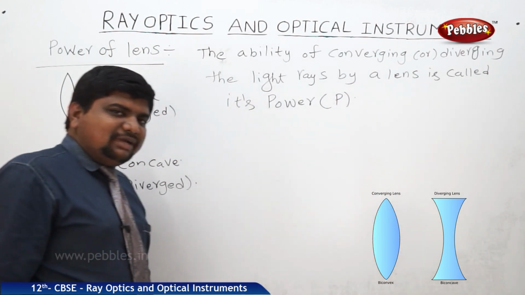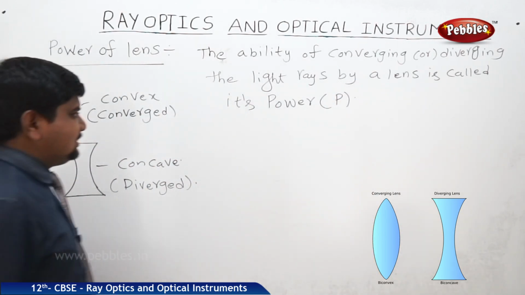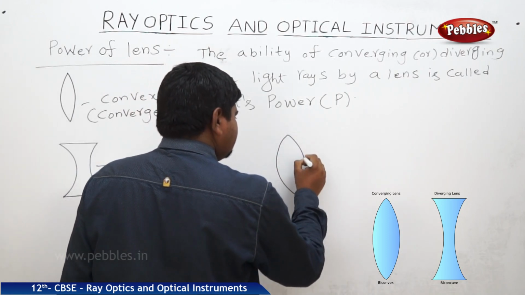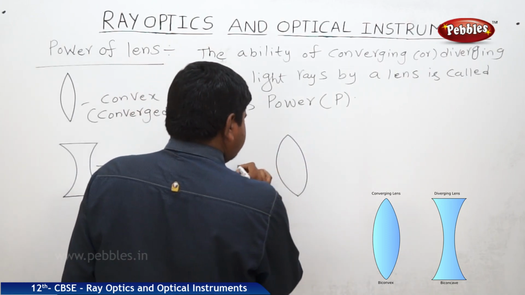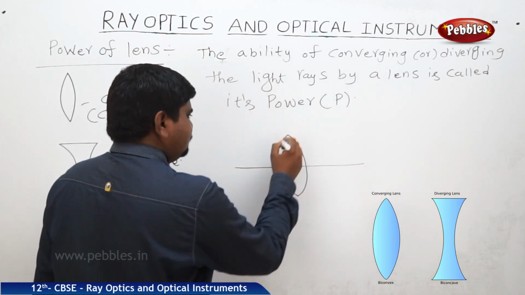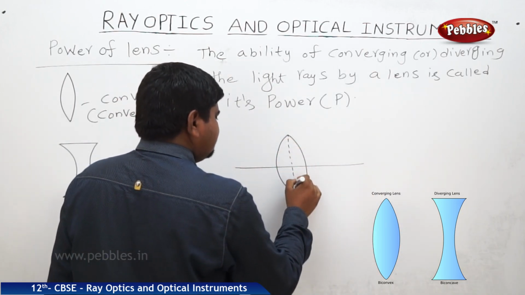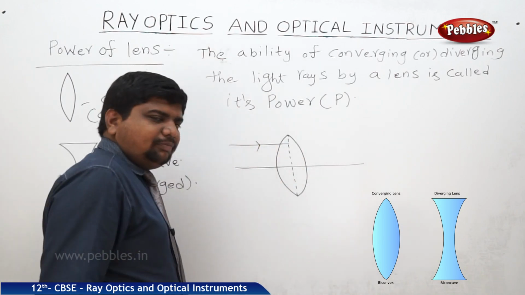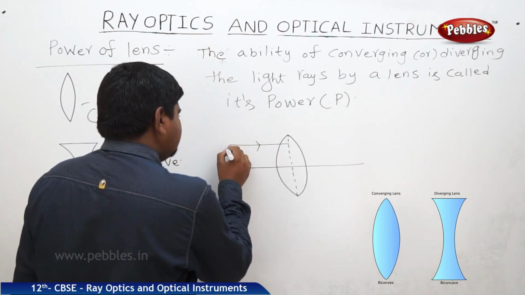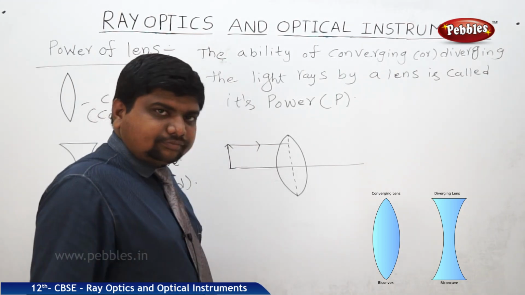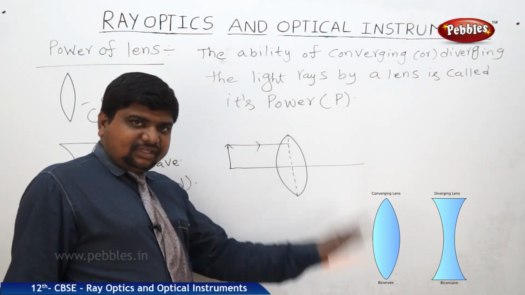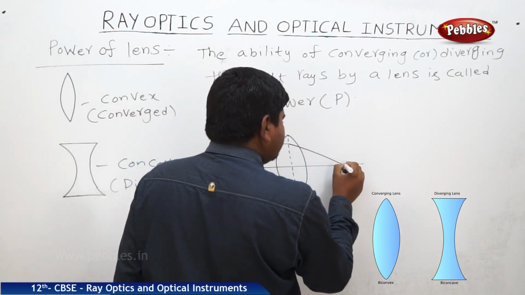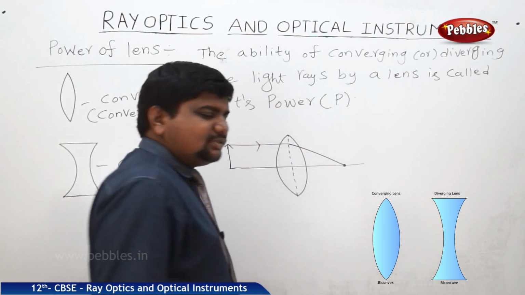So how can we determine the equation for the power of the lens? Let us take a convex lens, which has the optical center. This is the aperture of the lens, and this is the light ray which is incident parallel to the optical axis. It is converging after the refraction, meaning the light rays bend like this and converge at this point.